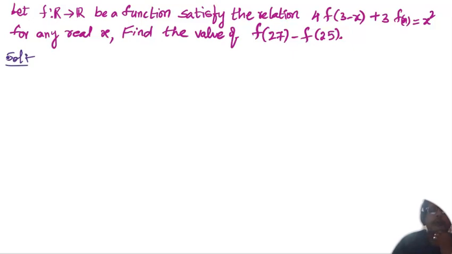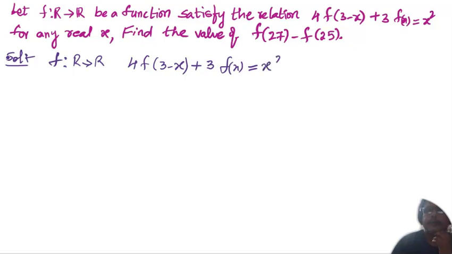Here f maps R to R, and the condition is given: 4 f of 3 minus x plus 3 f of x is equal to x square.